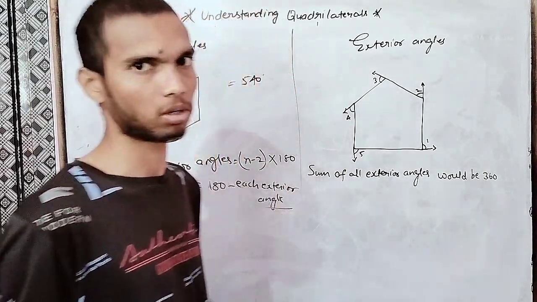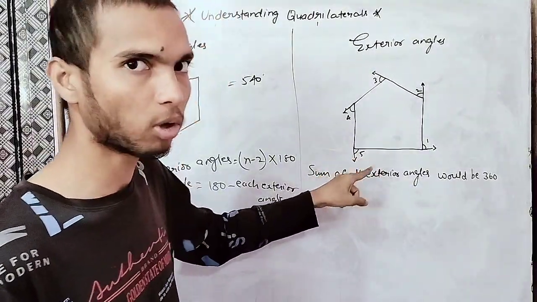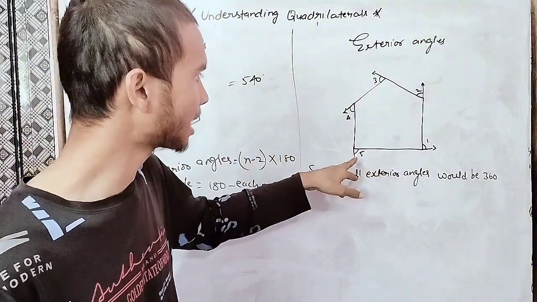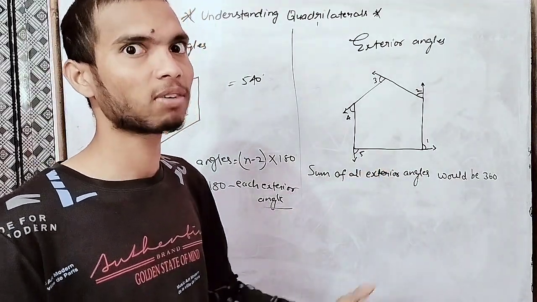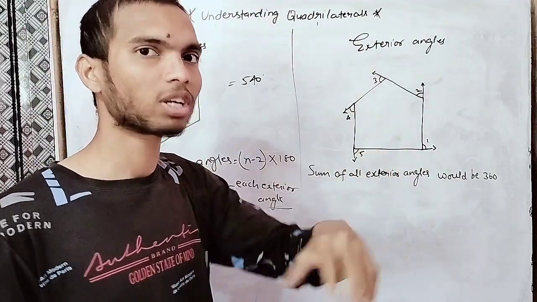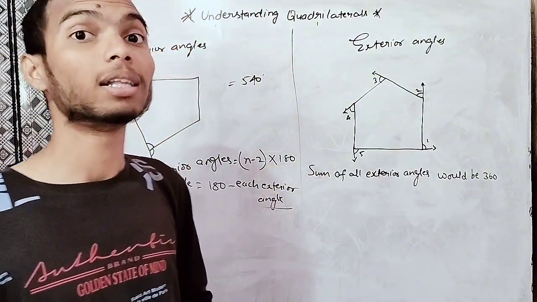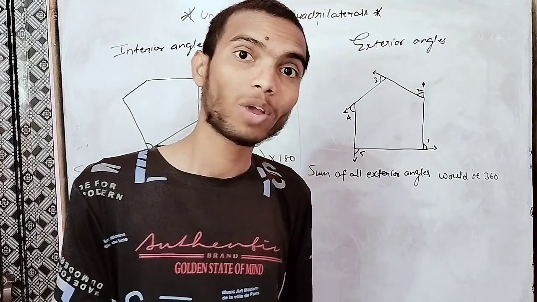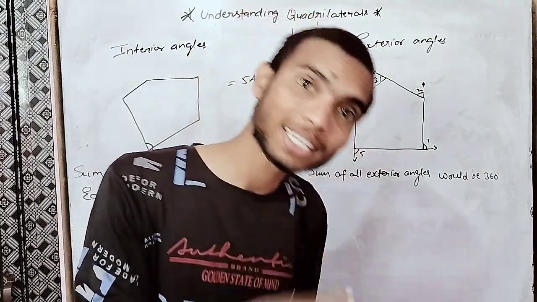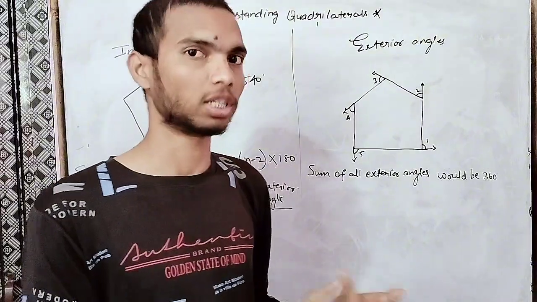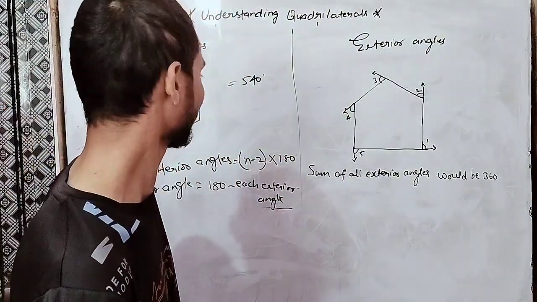For example, this polygon has how many exterior angles? 5. But you can have 6, 7, 8, 9. For example, if you have 10 exterior angles of a polygon, then still the sum of all 10 exterior angles is how much? 360 degrees. This is a twist.